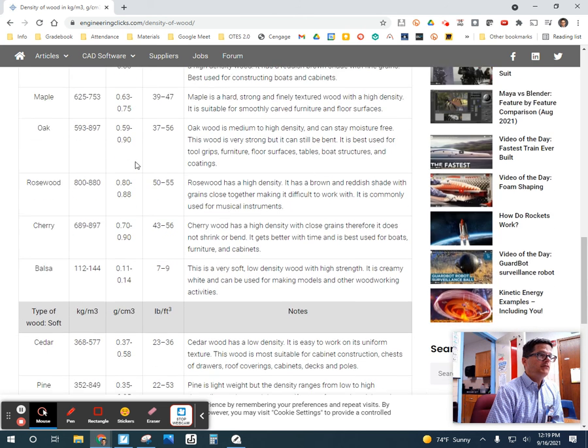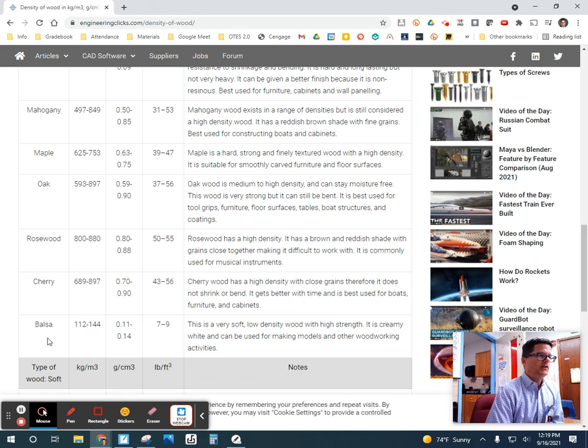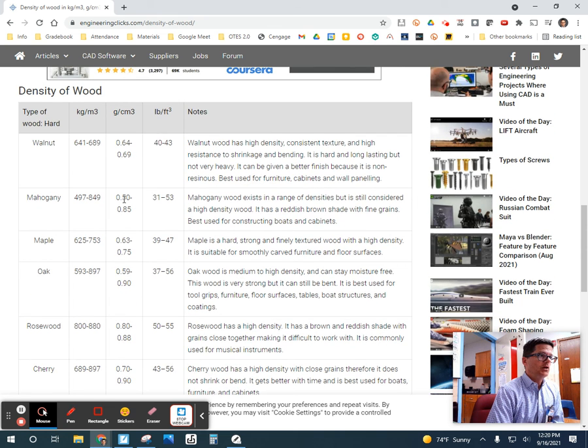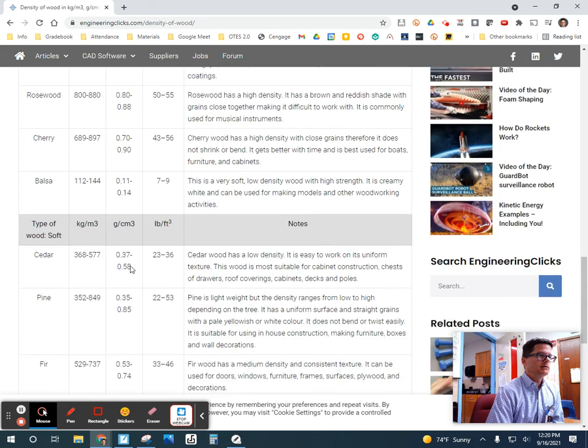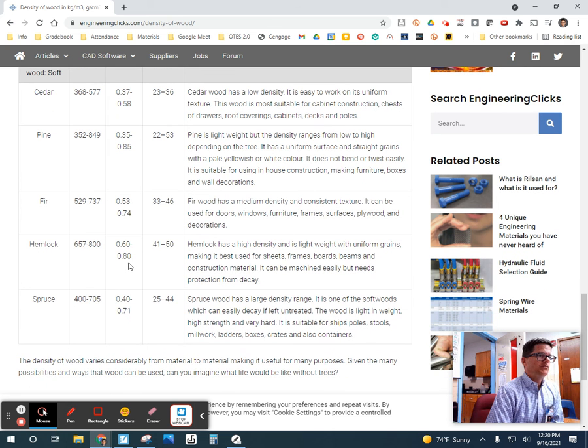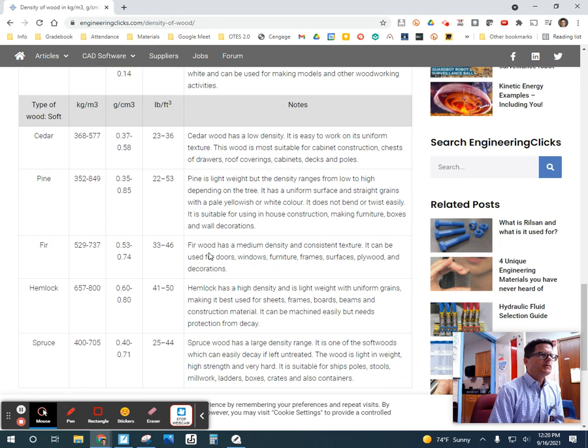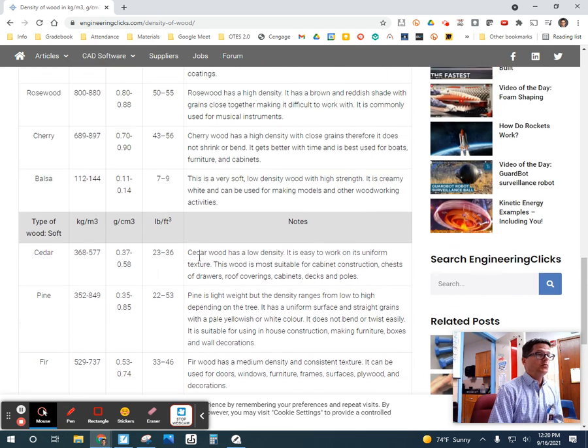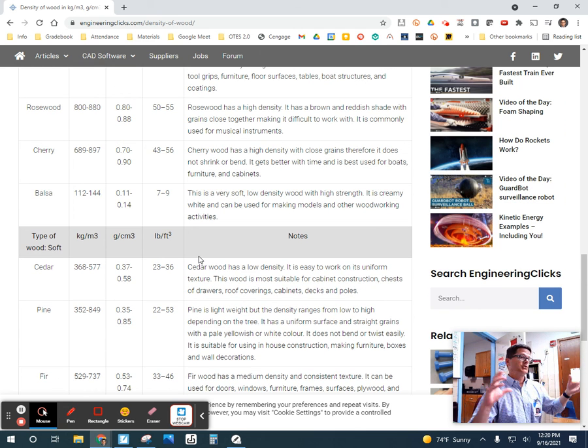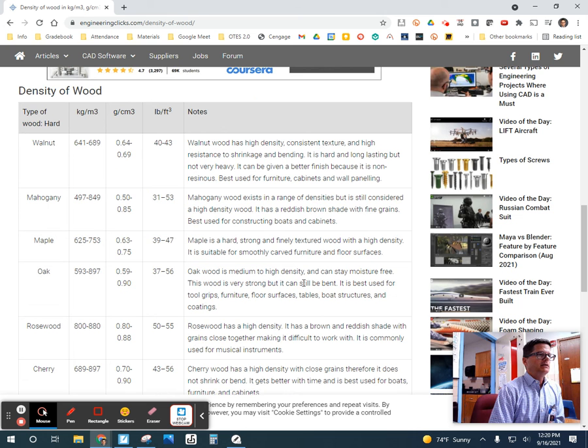Okay, and it varies quite a bit. Balsa wood is very, very low density. You can see that some of these other ones are more dense. And if you've ever done any woodworking, you know that's true based on how easy it is to cut, how heavy it feels when you pick it up. I'm not actually sure which type of wood our pieces were made of. It might have been birch. I'm not sure. But 0.4 is the value that we typically get for wood.